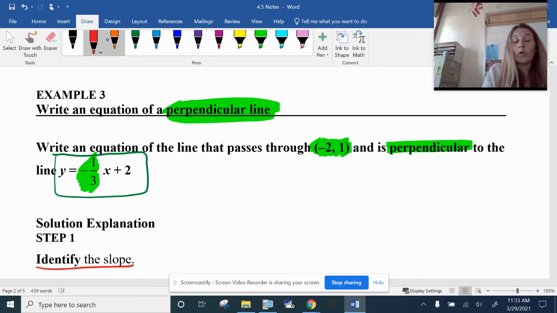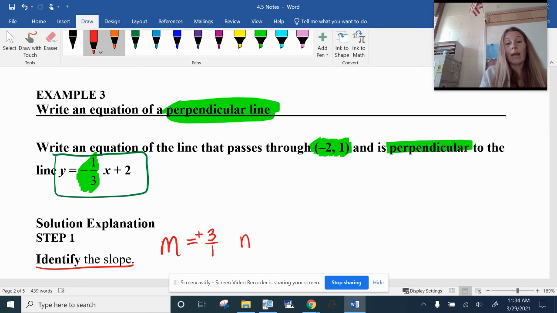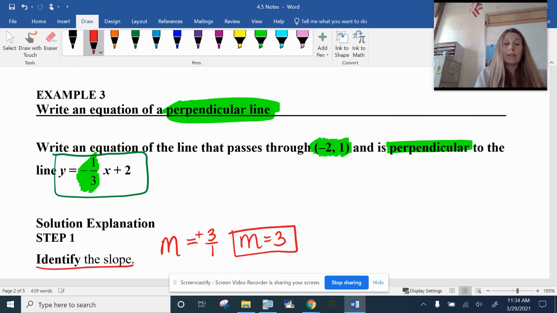So what would be the slope of the perpendicular line? We change that sign to positive and write the reciprocal, which simplifies to 3. That's the slope we're going to use to write the equation of the perpendicular line.